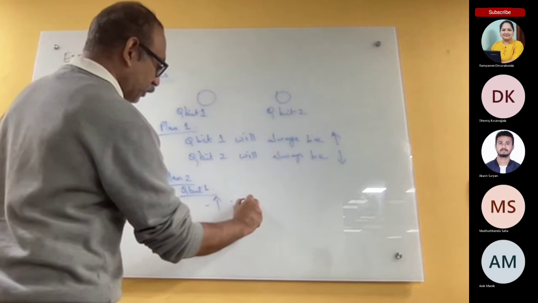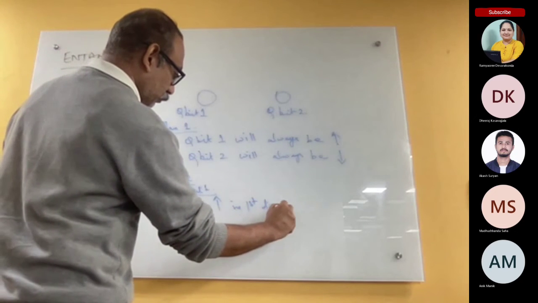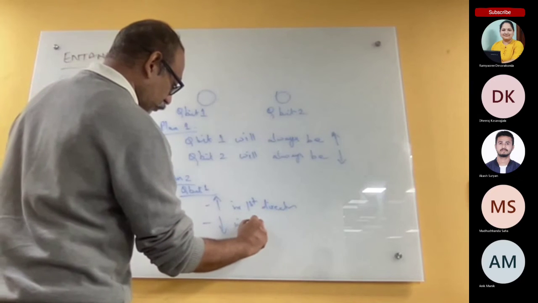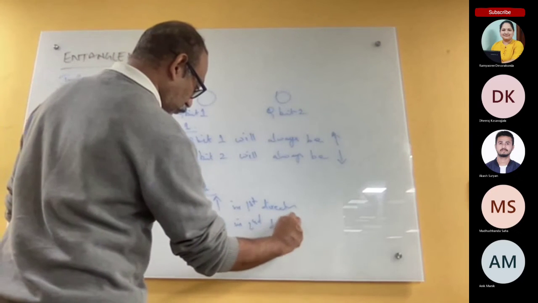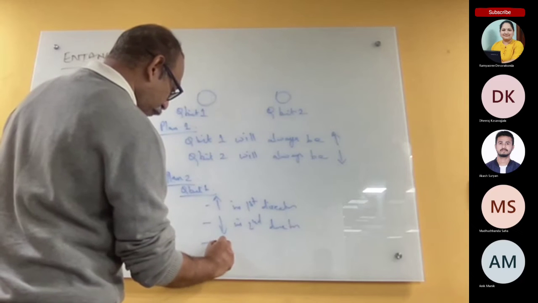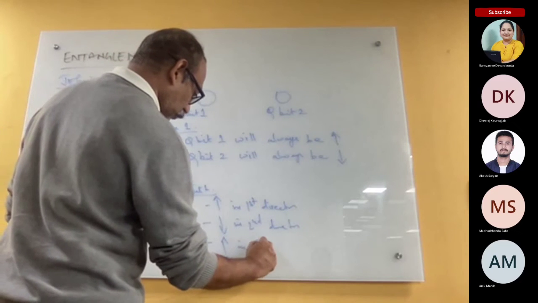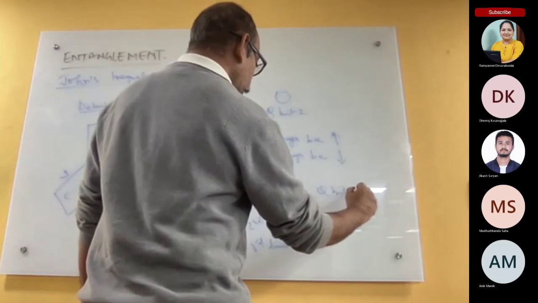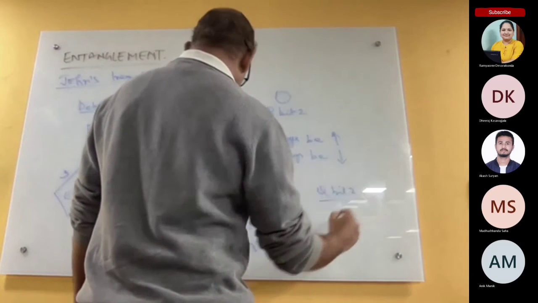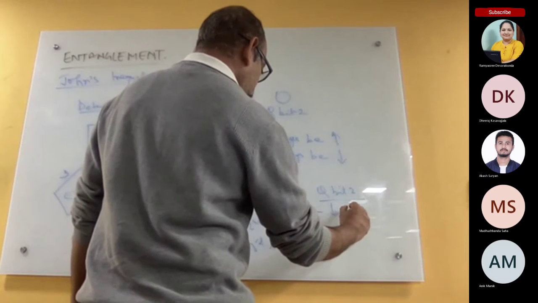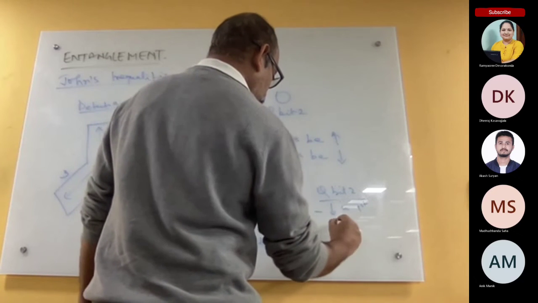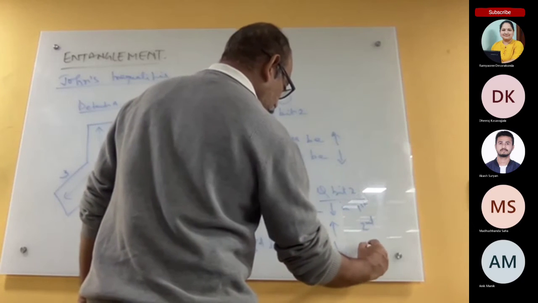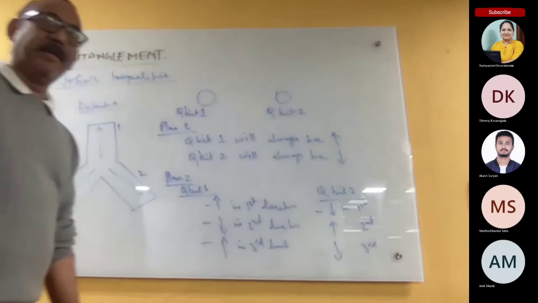It will say up in first direction, something like this, down in second direction always, and up again in third direction. Similarly, if you look at qubit 2, it may just do the opposite. The plan may be down in first direction, up in second, and down again in third. Let's say they have made a plan like that.